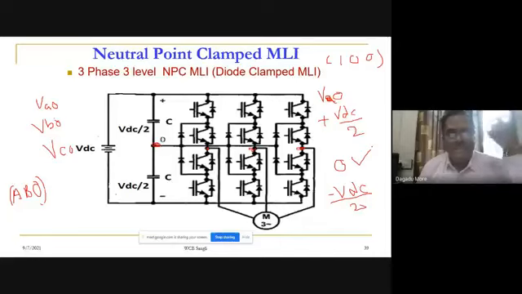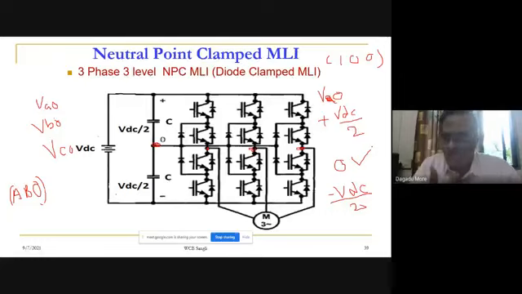For our 6.6 kV or 6 kV motor, we can use a 4.5 kV device. Otherwise, if you want to use a two-level inverter, we would have to use a device of 17 kV voltage rating. That may not be feasible, and that is why we can go for a multi-level inverter for high voltage applications, where we can use the lower voltage rating devices which are available.